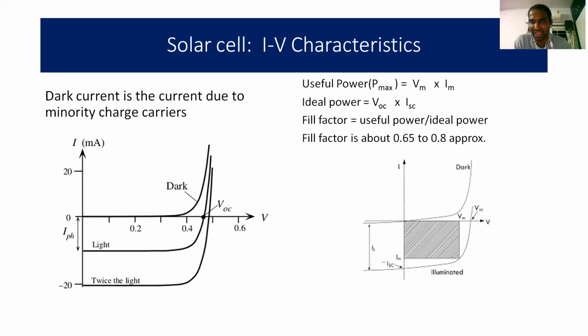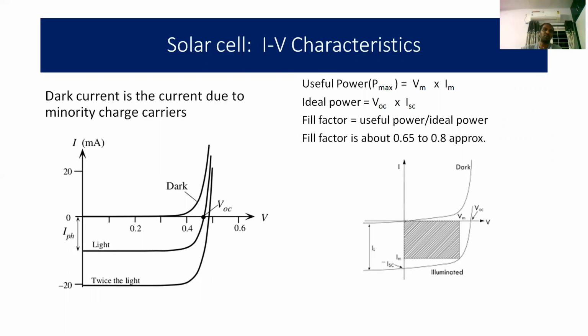Now consider the IV characteristics, the current voltage characteristics. If we draw the graph between current, measured in milliamperes on the y-axis, and voltage on the x-axis, many parameters can be defined from this graph. Useful power Vm into Im, ideal power, and fill factor, which is approximately 0.65 to 0.8.